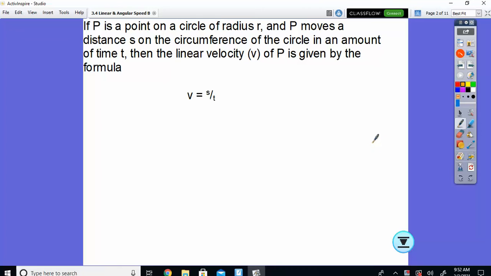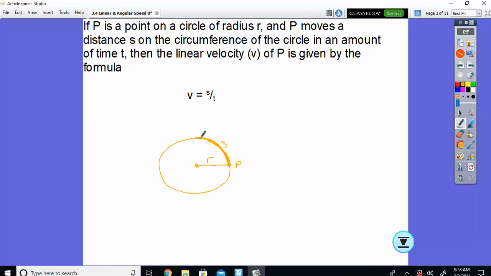So on here, if you have a point P on a circle of radius R, I have my circle, radius is R, point P is out here. If it moves a distance S on the outside of the circle, so S we know is arc length.